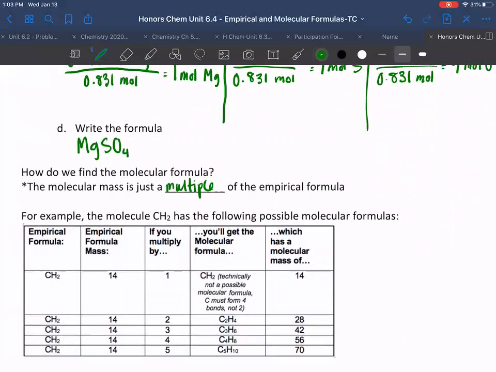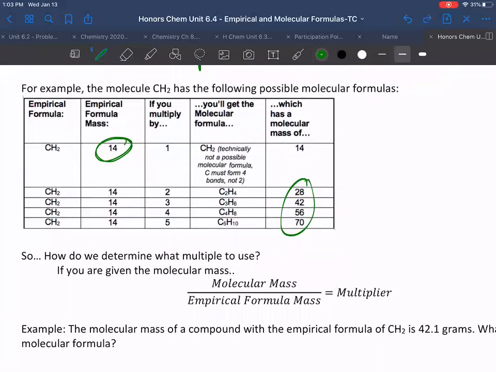If we know that CH2 has a formula mass of 14, if we're multiplying the number of atoms and elements, you're doing the same thing to their mass. So CH2 times 2, you get C2H4, and its mass is equal to 2 times 14. So it's very simple here.